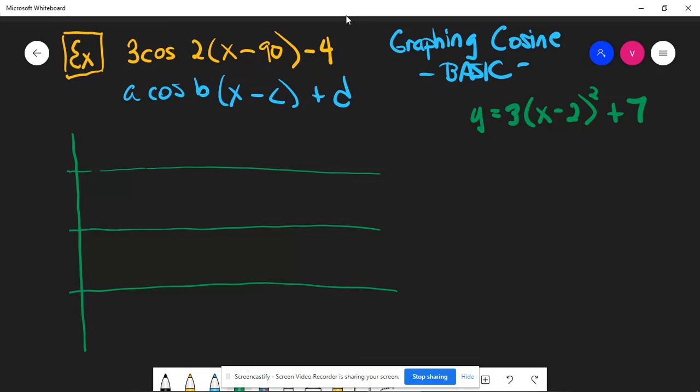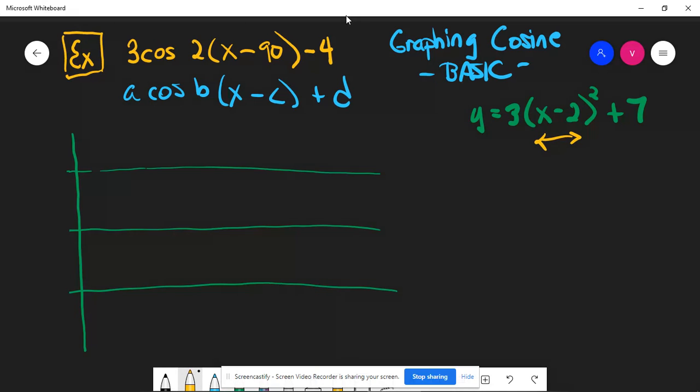So you should be able to relate this to things that you've done before in Algebra 2, like here is an example of a quadratic function. How do you know it's quadratic? Because you have an x squared there. So whenever you have this inside the parentheses, if you'll recall, that is your shift left or right.